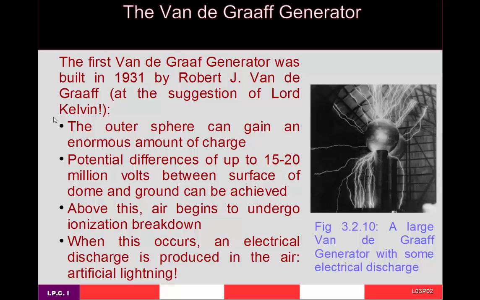What happens basically is you have a conducting sphere upon which you're able to place a very large charge, be it positive or negative. And so you're able to produce between that sphere and the ground a potential difference of up to, for a very large, very nicely designed one, 20 million volts.